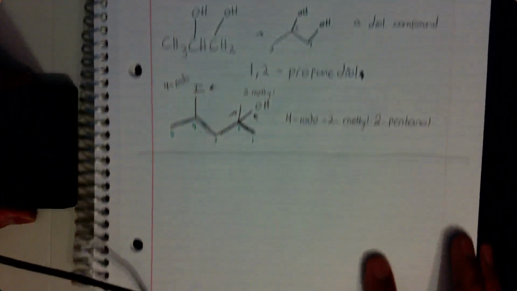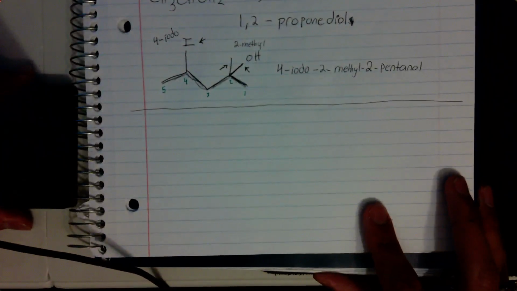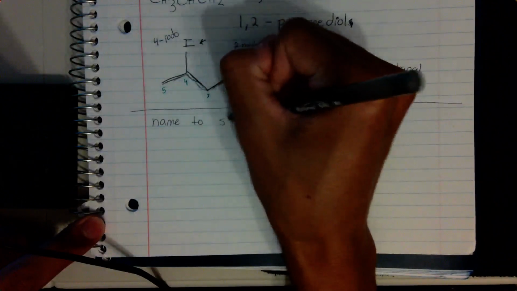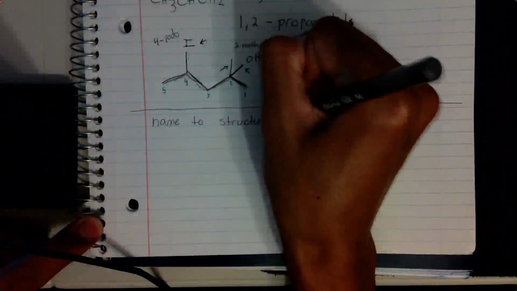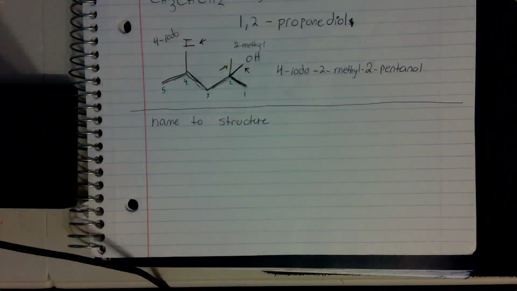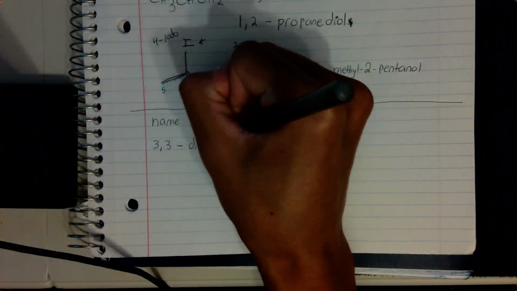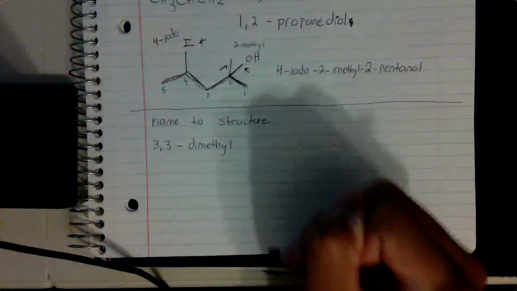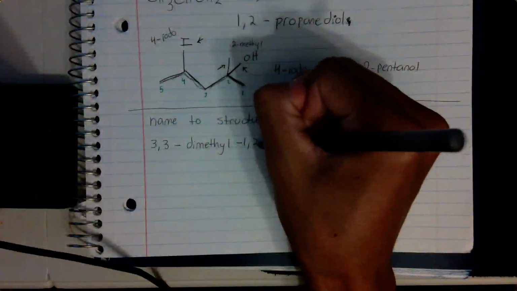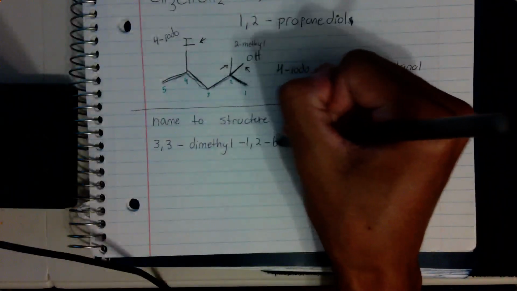We're going to go ahead and move on, and we're going to now go from the name to the structure. And I'm going to start with those 2 diol compounds. So we're going to start with the 2 that Duff has given on his exam before, which is 3,3-dimethyl-1,2-butanediol.